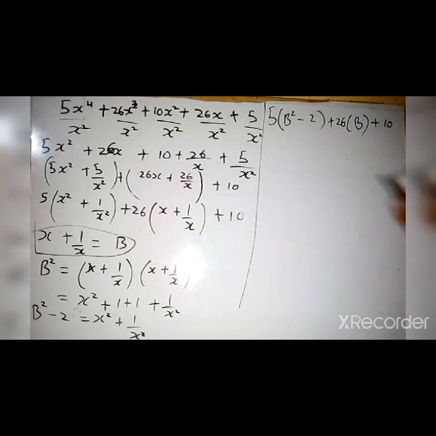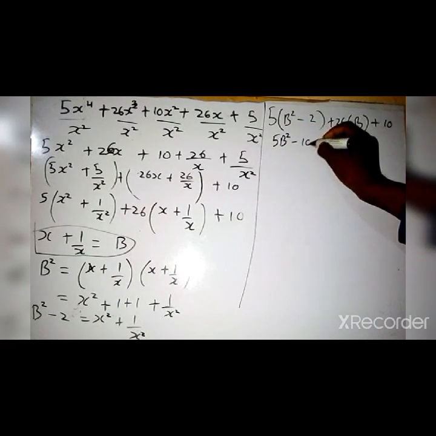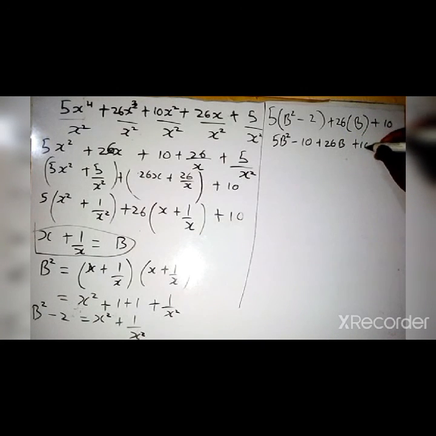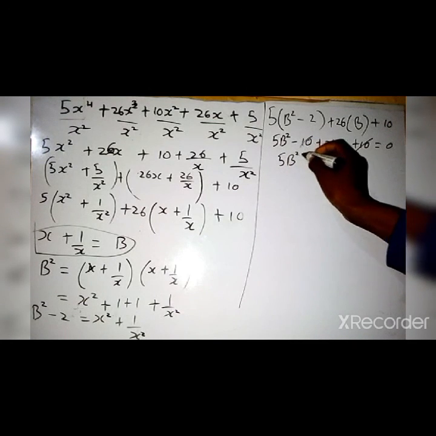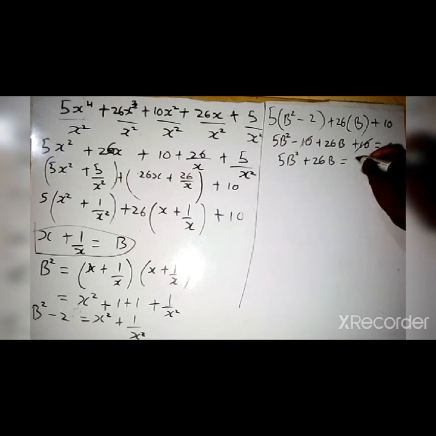So now we expand. We have 5b squared minus 10 plus 26b plus 10. This will cancel this. So we have 5b squared plus 26b equals 0.